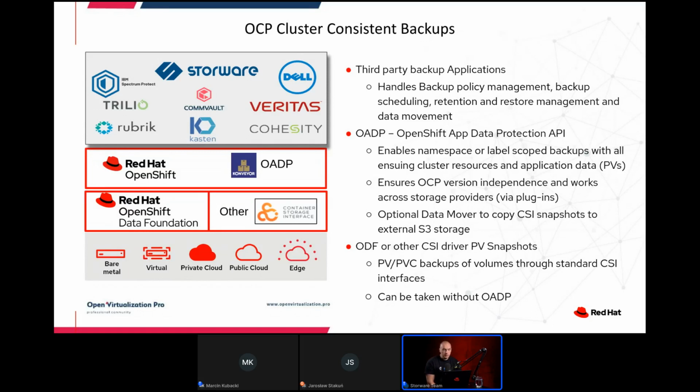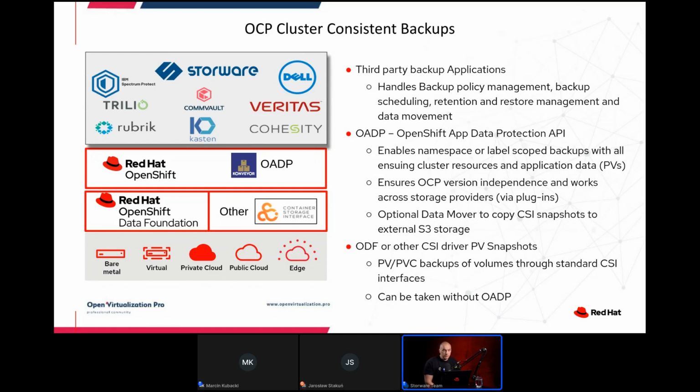So you install the OADP operator on OpenShift, and this operator enables the APIs that can be used to back up and restore your applications. This includes both the application configuration, so all the Kubernetes manifests, as well as the persistent volumes, where you can store data or the state of your stateful applications.